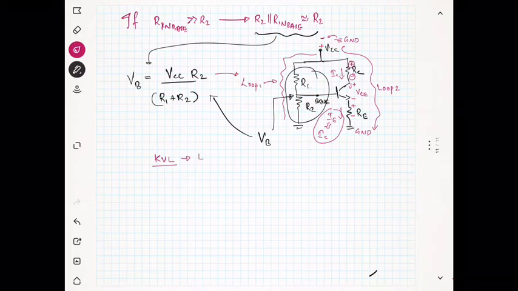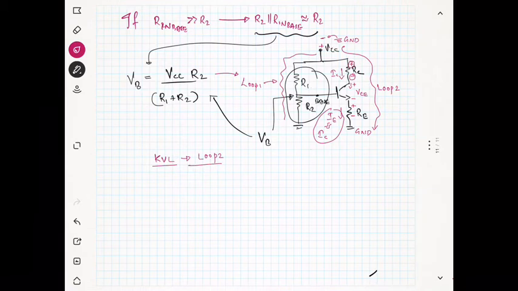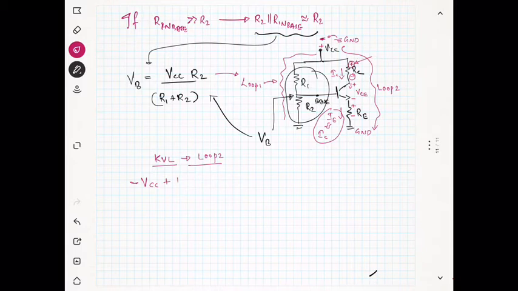In loop 2, starting from the ground, the polarity we see is minus, so it is minus VCC. Then we see the polarity plus here, so plus IC times RC, and the polarity here is plus, so it is plus VCE.